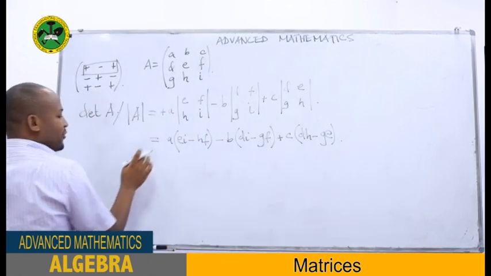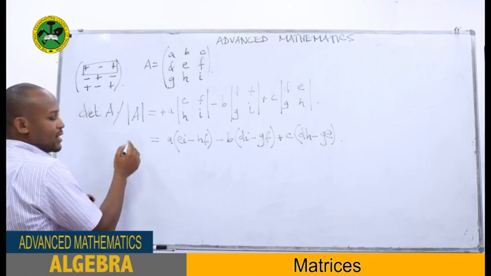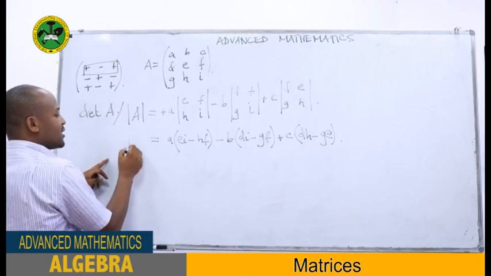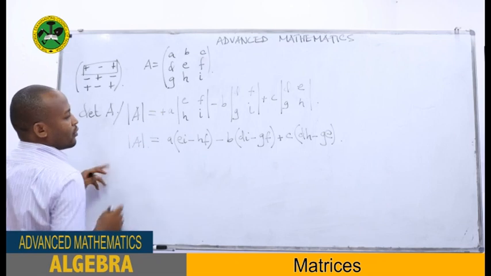So if you manipulate that, the answer obtained is called the determinant of A.